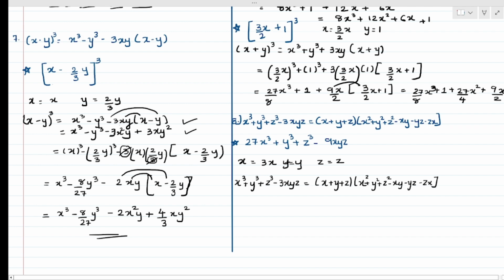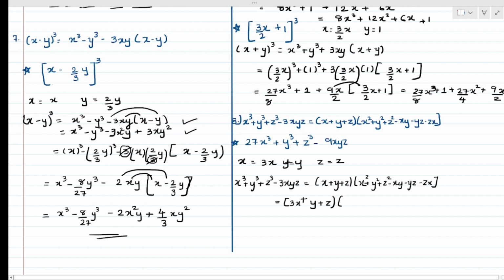Okay. So, let's substitute all our terms in our identity. What is my x? My x is 3x. So I will write 3x plus, what is my y? It's y, plus z.